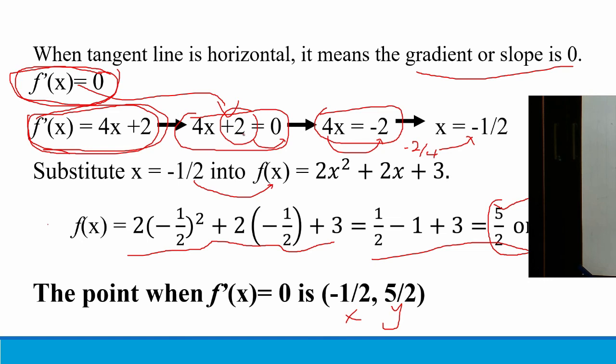Then you move 2 to the right side, it becomes 4x equal to negative 2. Again, you move 4 to the right side, it becomes negative 2 divided by 4, which is negative 1 over 2.